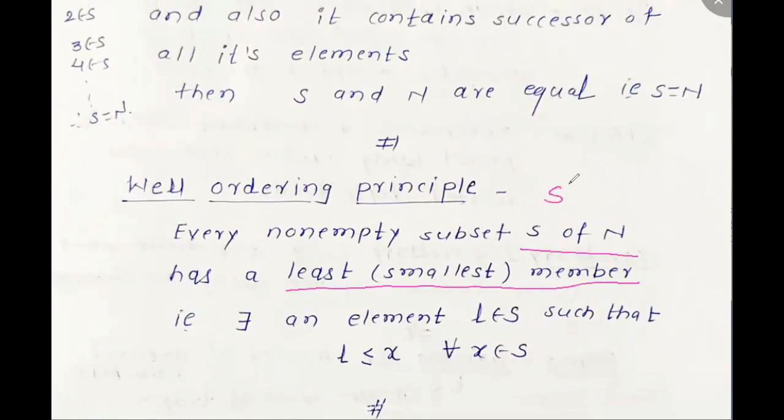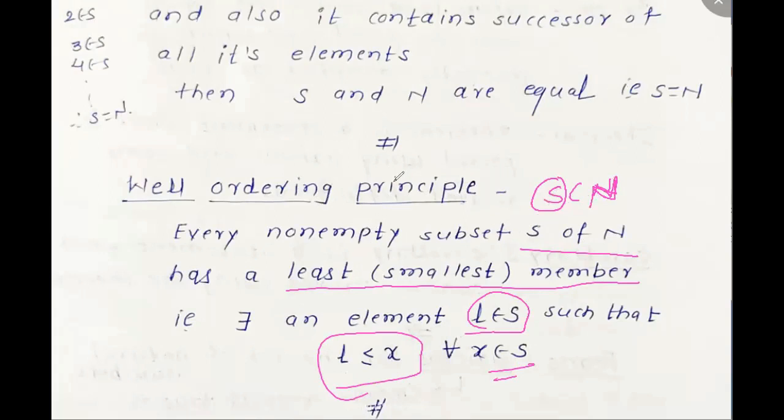So if you take a subset of N, we can find the smallest number in S. That is, there exists an element L in S which is smaller than all other elements in S. If S is a subset of N, then S contains a least number, a smallest number. This is known as the well ordering principle.